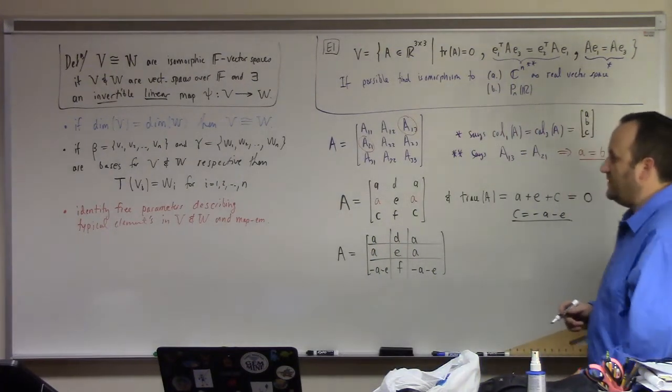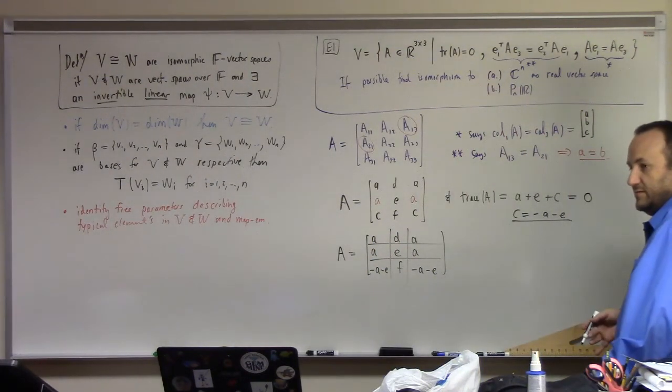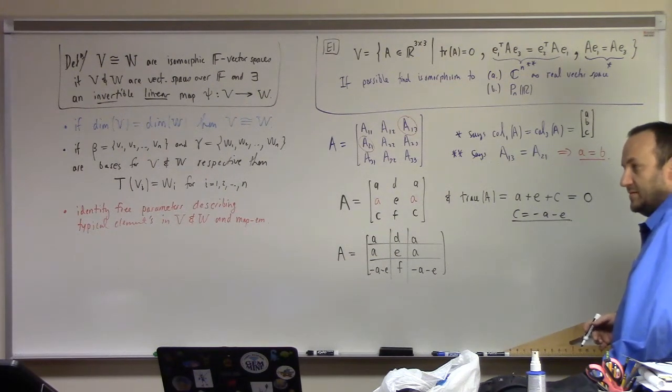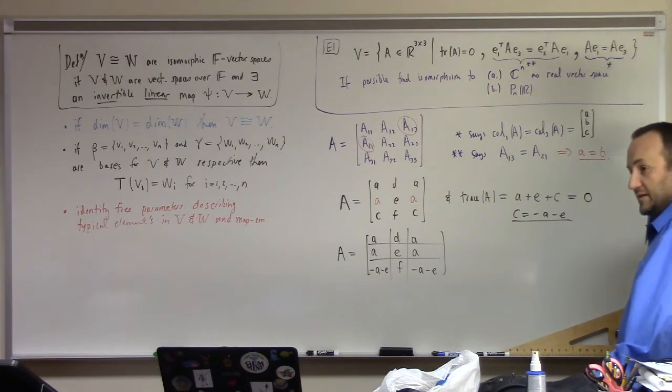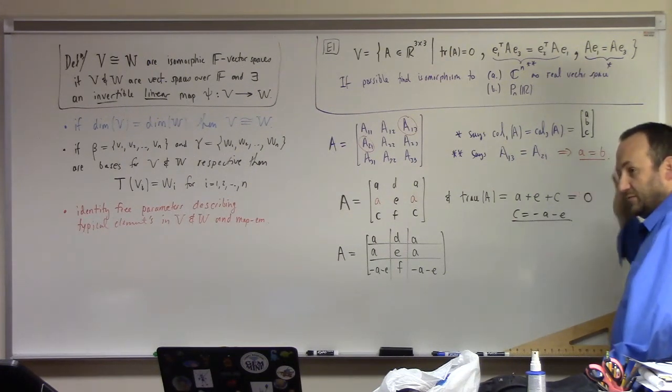So I'm actually using the third bullet point as my method to find the isomorphism here, because that just seems like the most convenient method for this problem. So I've used all of the given conditions, right? I've exploited them to the fullest.